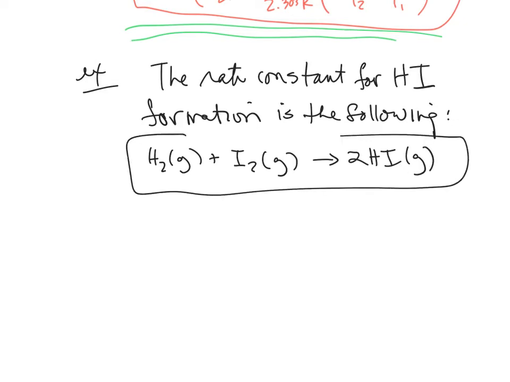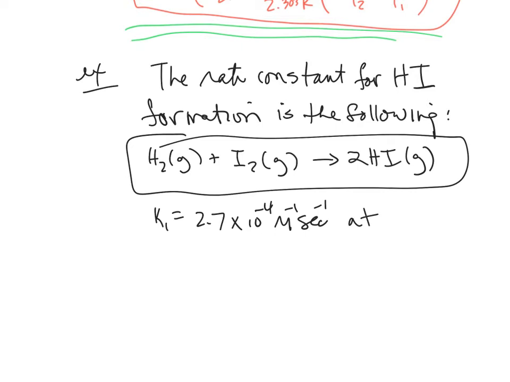So that's your reaction. And you're given the data: K1 is 2.7 times 10 to the minus 4 molar to the minus 1 seconds to the minus 1 at T1 equal to 600 Kelvin.